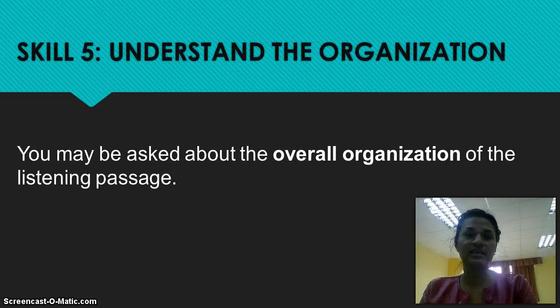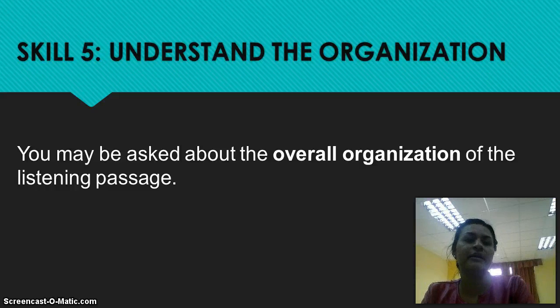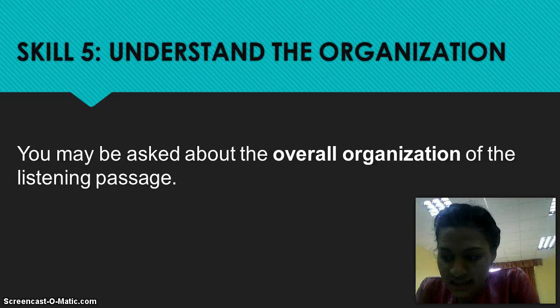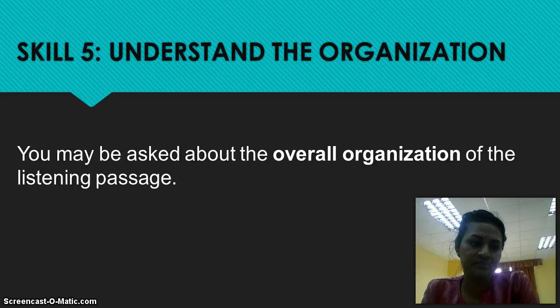Okay, so let's continue. Skill number 5 is understand the organization. Organization questions ask about the ideas in the passage, how they are organized, and how they relate to the main topic or to each other.